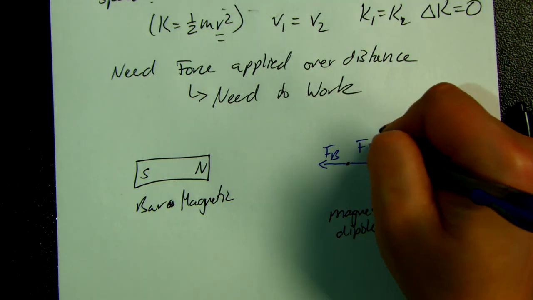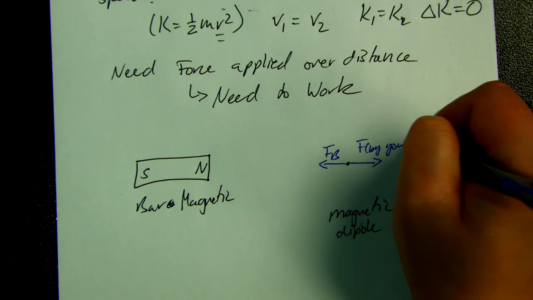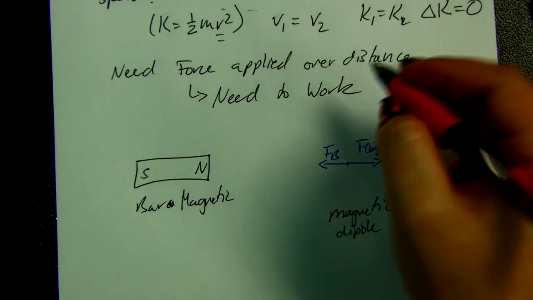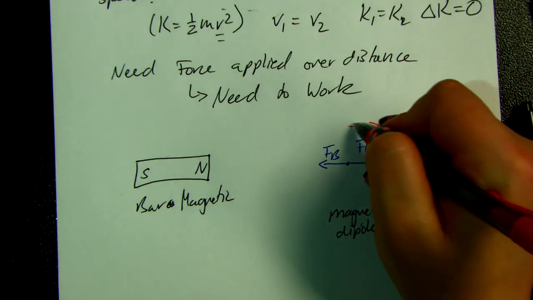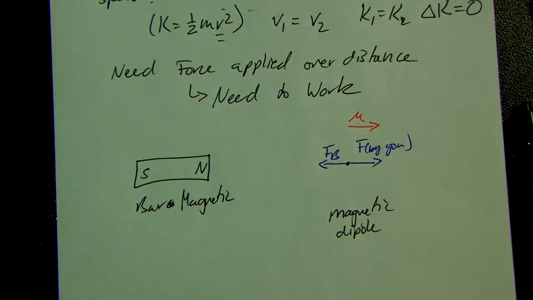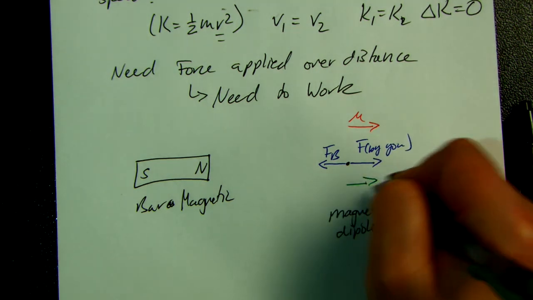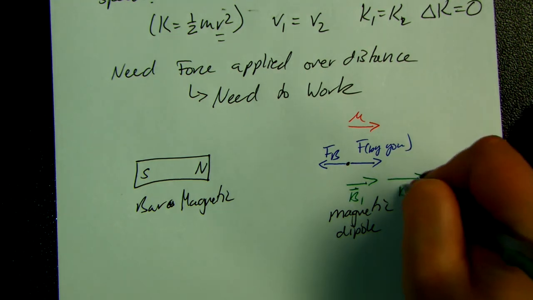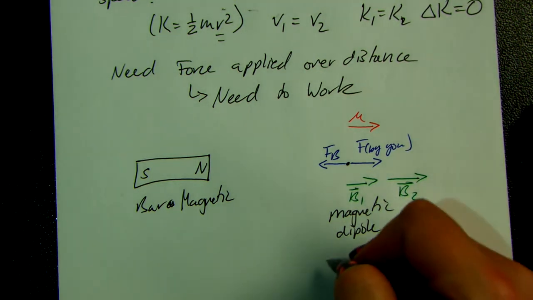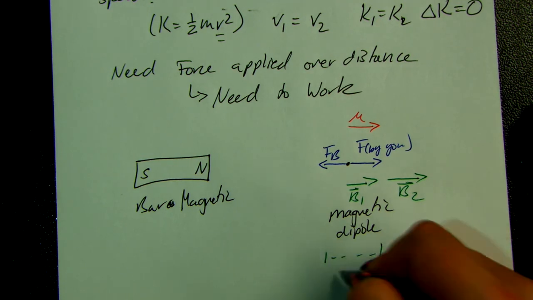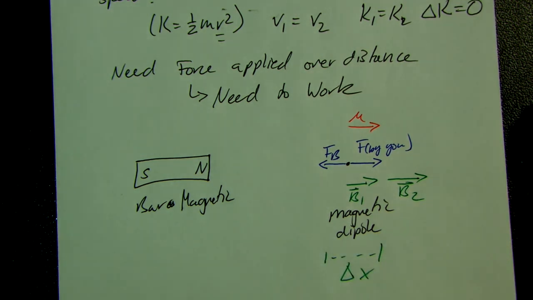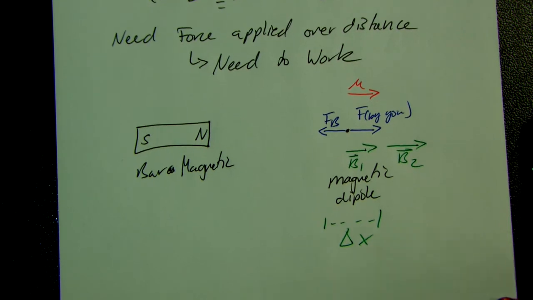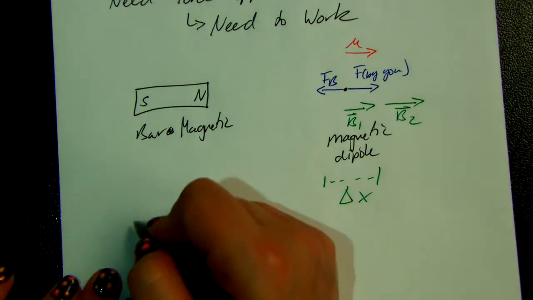So F by U. And we have our magnetic dipole moment, mu, which is pointing in the opposite direction. And we've got the field from B1 and B2. We're going to move it some delta x.